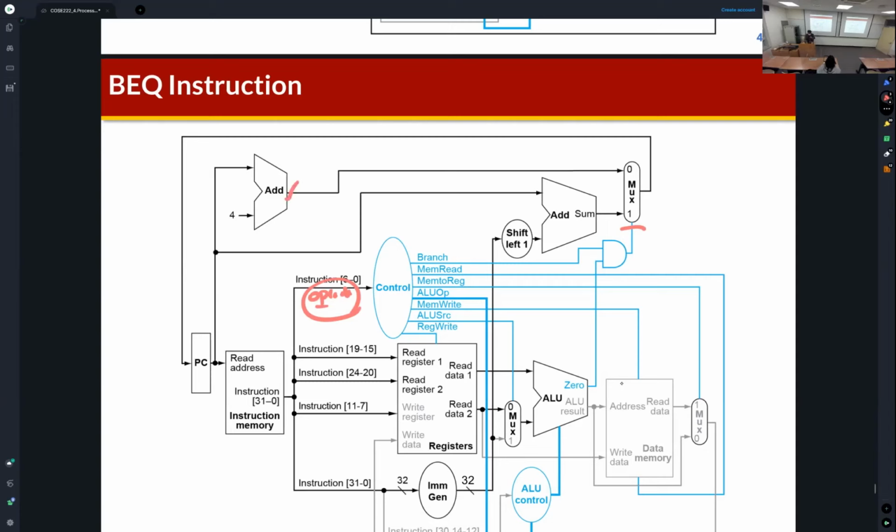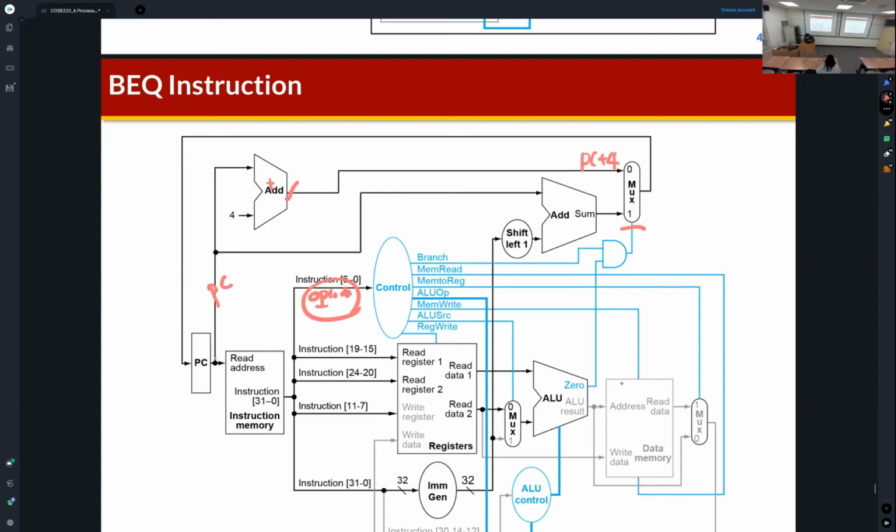What is the output of this adder? This is the PC, and this is the adder, so this is PC plus 4. So one of the inputs of this multiplexer is the current PC plus 4.